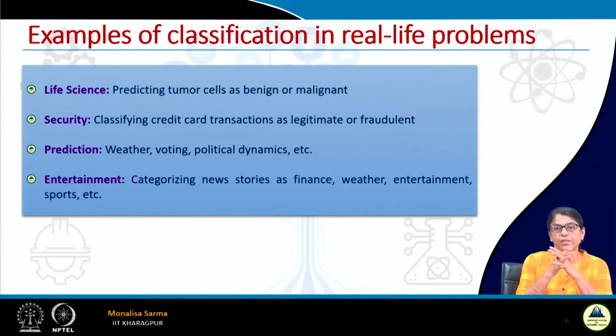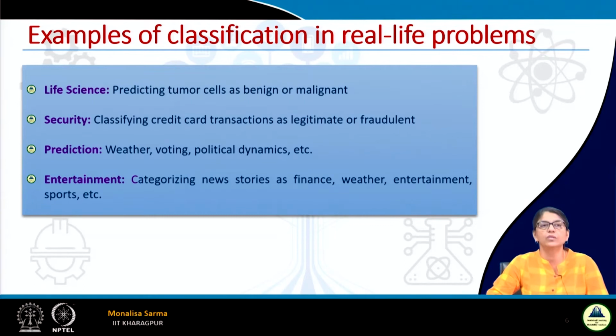There are different features, so they try to identify different features, and they have the knowledge that these features imply this. So based on the different features, when an image is given, they try to identify, okay, this is a benign tumor, this is a malignant tumor.